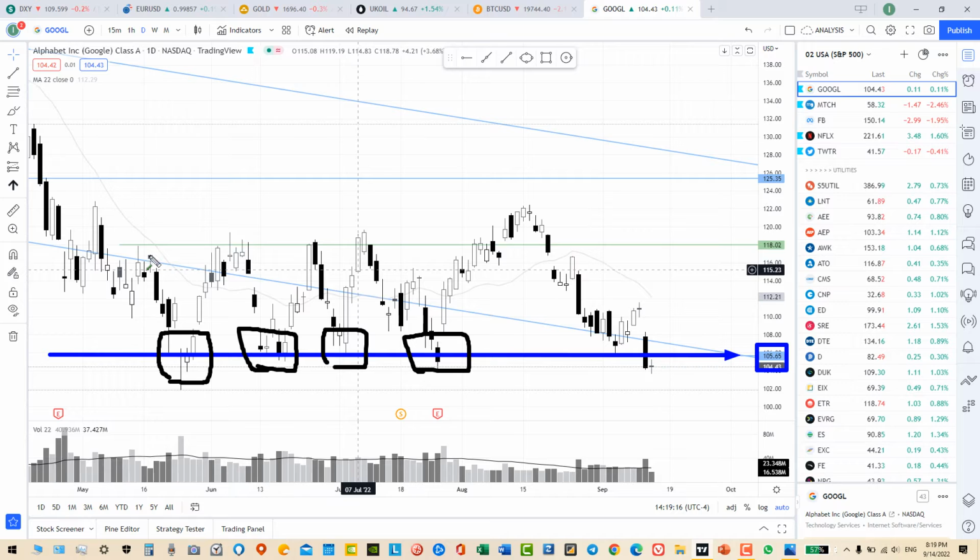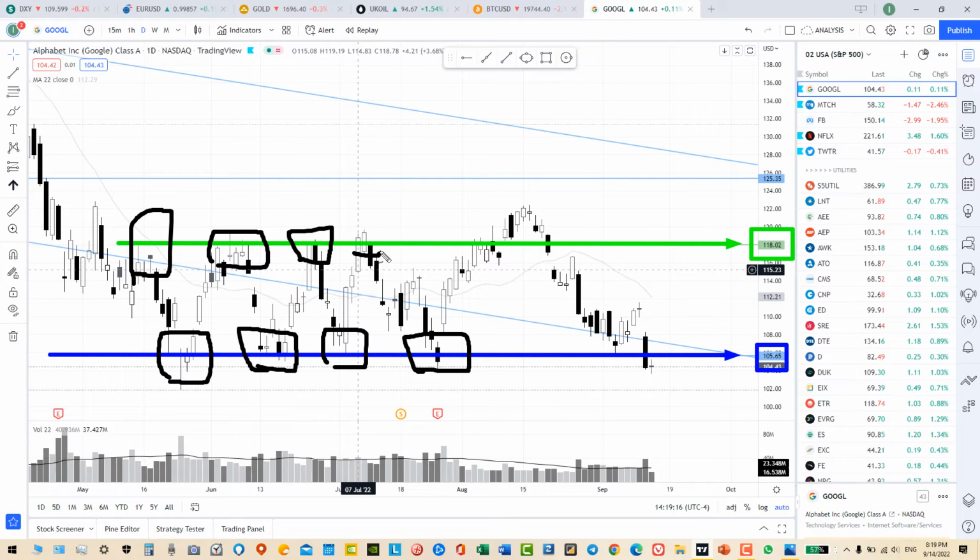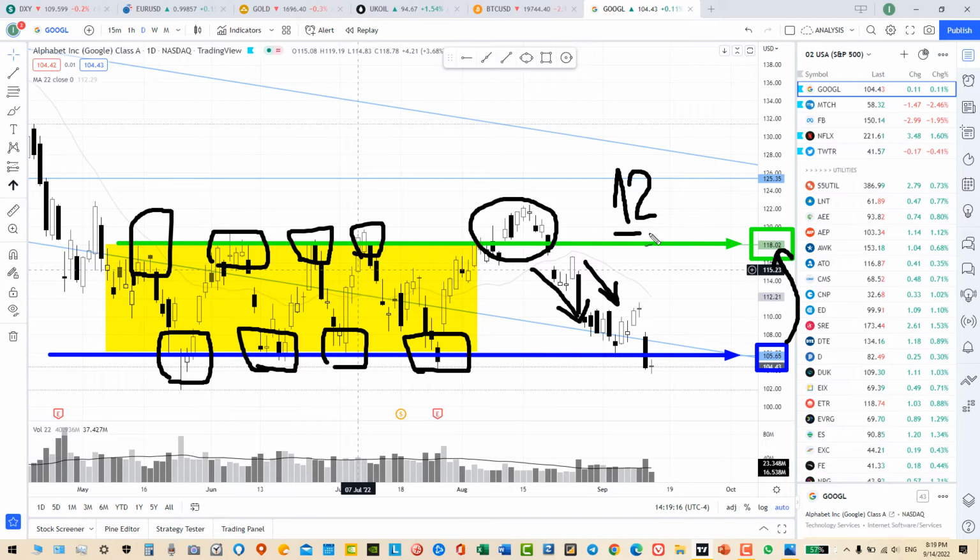At that same time, we had a short-term resistance around $118, and this reflected the prices of Google several times, 1, 2, 3, and 4, plus a kind of false break, and here it goes once again to the downside. So there was a kind of sideways, and this trading range had a thickness of around $12, ranging from 105 up to 118, which means that the thickness of this trading range was around $12.